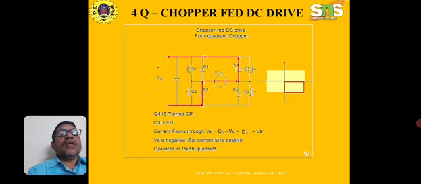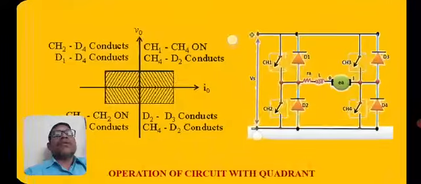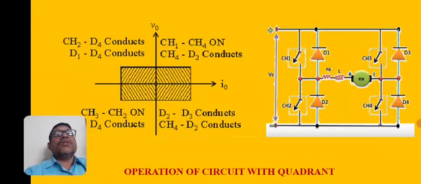Now the cumulative of all four quadrant operations. For the first quadrant, the switches CH1 and CH4 are turned on. For the second quadrant, the switch CH2 and the diode 4 are turned on.